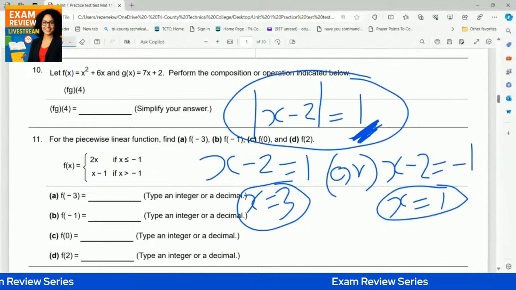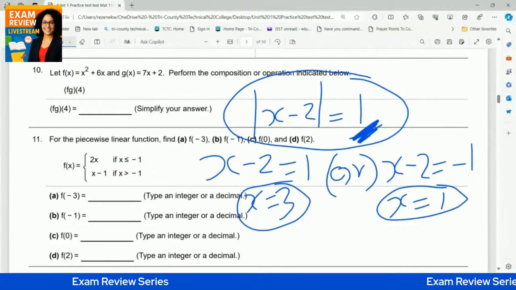In other words, there are 2 zeros. Of course, when you graph an absolute value function, it can cut the x-axis 2 times. So there are 2 zeros.